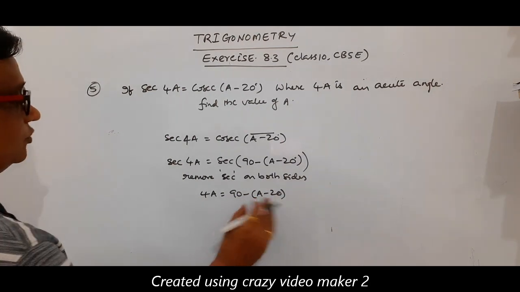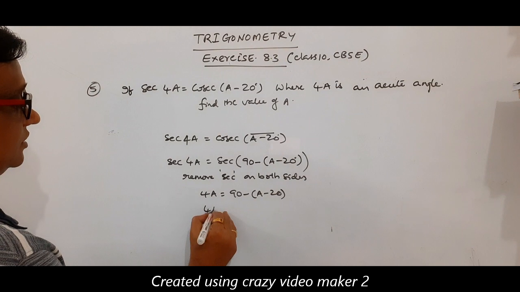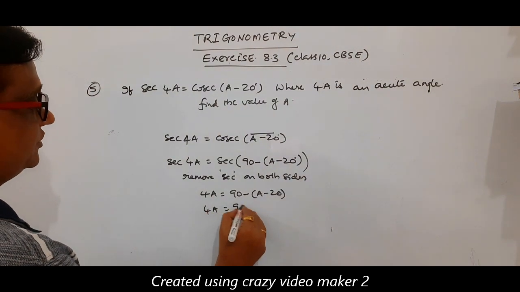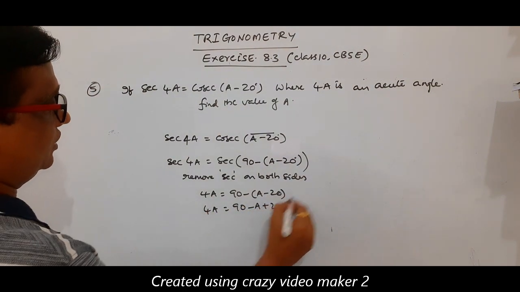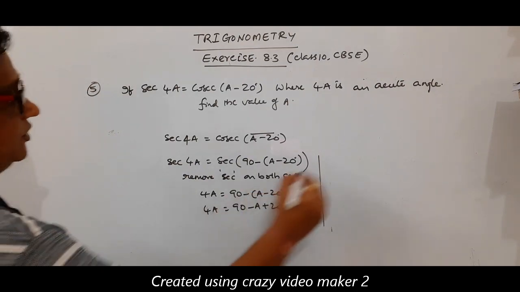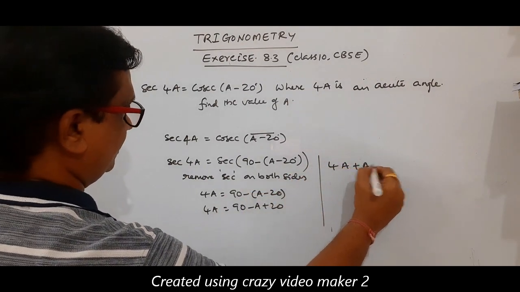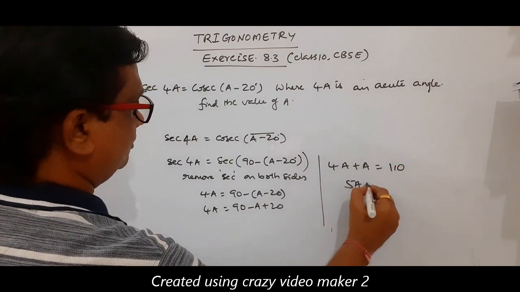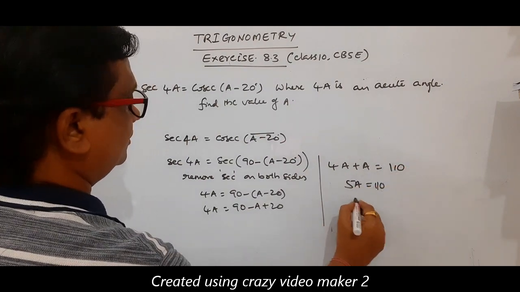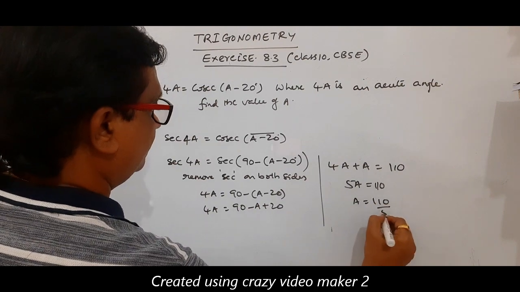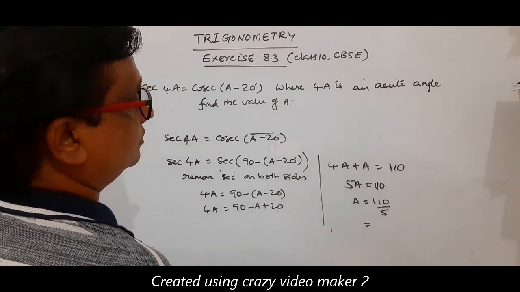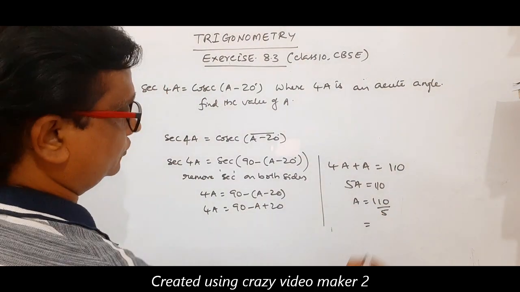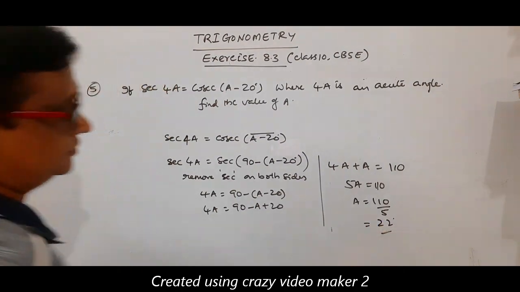Now open the brackets, the inside signs will be changed: minus a plus 20. Now a will come here, 4a plus a, 90 plus 20, 110. So 5a equal to 110. So a equal to 110 by 5, that is 22 degrees.